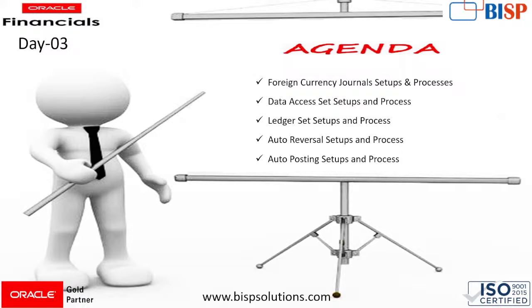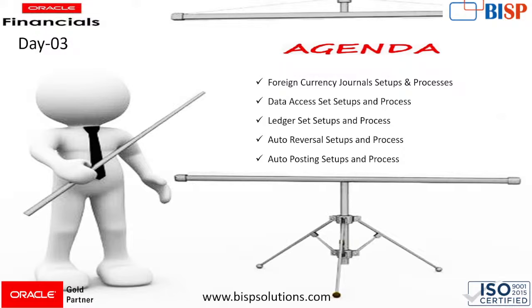The first task on the agenda is foreign currency journal setup and the process. Then we will see how to create a data access set and the setup process behind that.